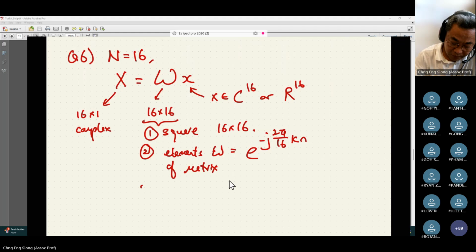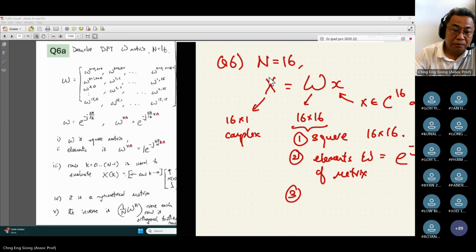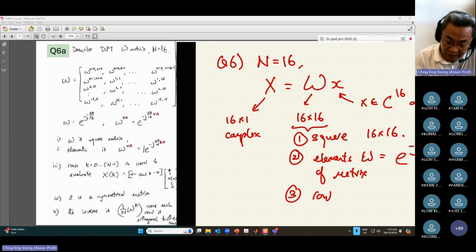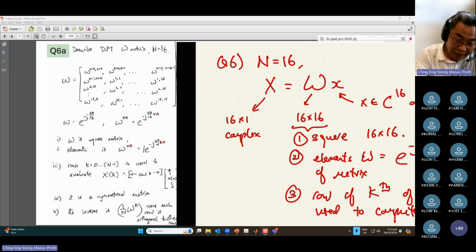Third: the k-th row of the W matrix is used to compute capital X_k.